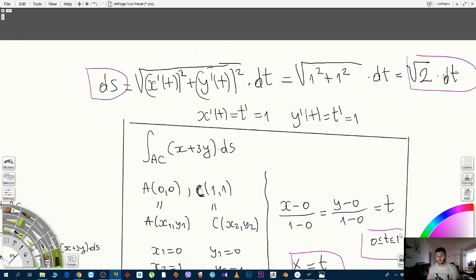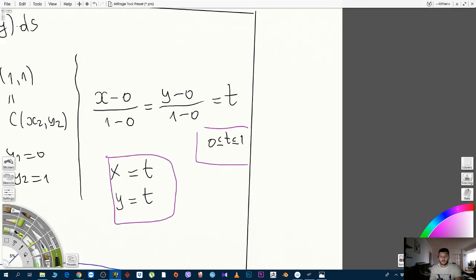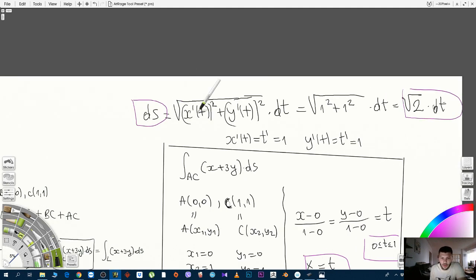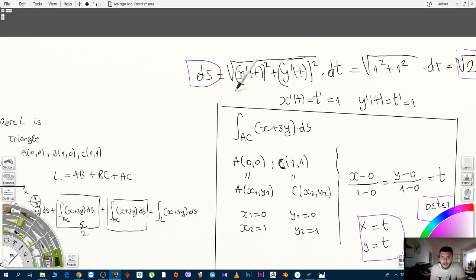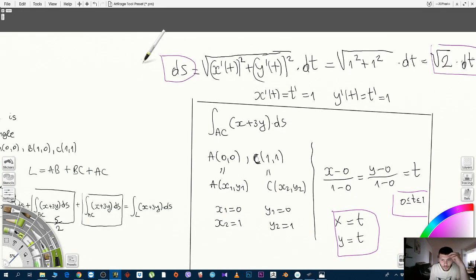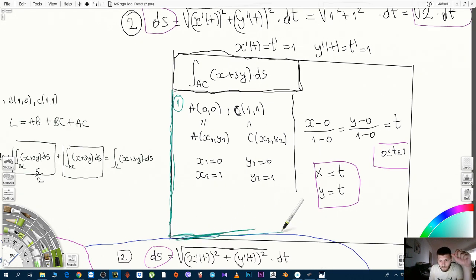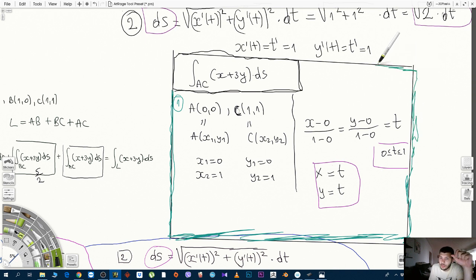Okay, let's finalize our problem. I don't have any room to write anymore, so I will write here that this was our second step for this integral. This was our integral, and this was the first step. I will frame the first step with this green line.